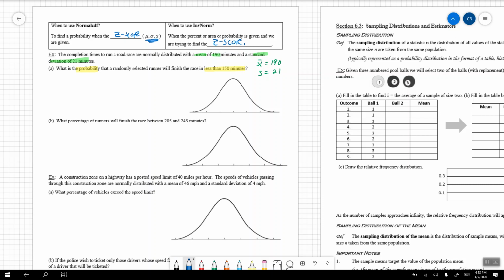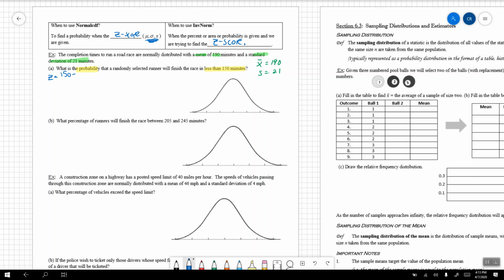My process here is going to be to standardize this. As soon as I can standardize it, then I'm going to find that probability. So let's first standardize this, which means we have to find a z-score. For the z-score, I need 150, since I'm trying to standardize that 150.